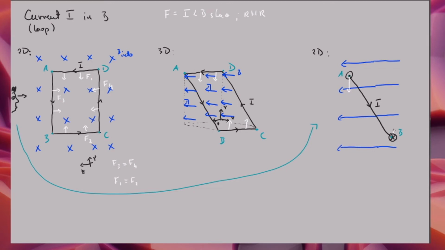The force on the bottom is going to point straight up. This is going to be F1, and then this is going to be F2. It's true that the two of them will be equal in magnitude, but because of the geometry, you will get this whole loop rotating. Because of F1 and F2, this whole loop will have to rotate.